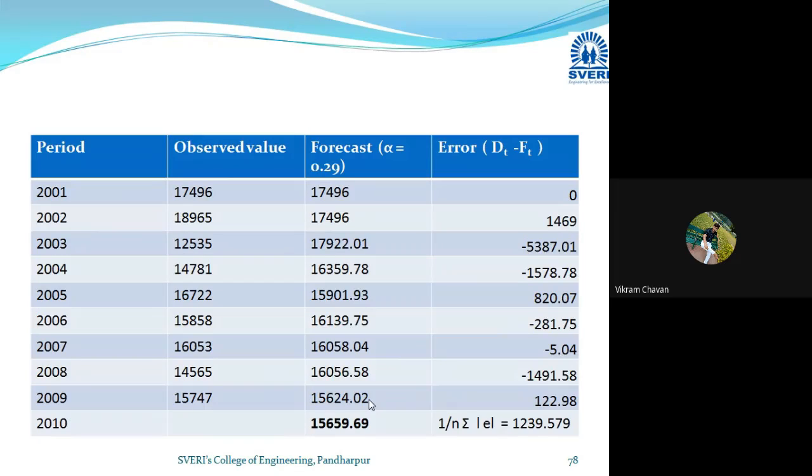Everyone? Whether your values are matching with these values?